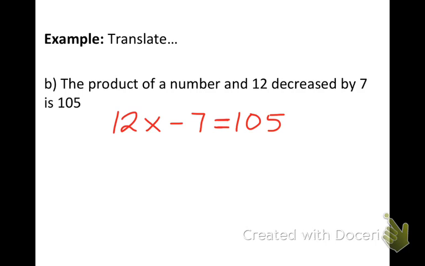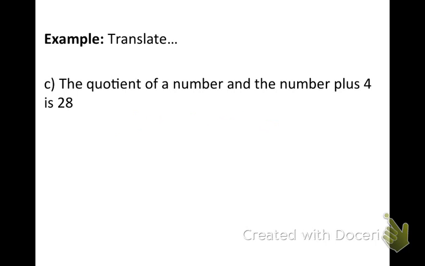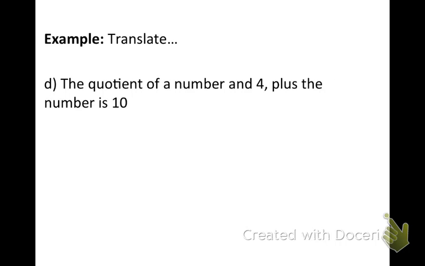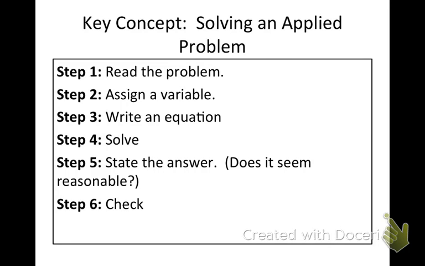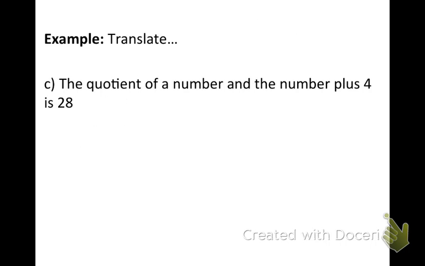Simple enough? All right, let me get the hang of this. Try this one out. The quotient of a number and the number plus 4 is 28.